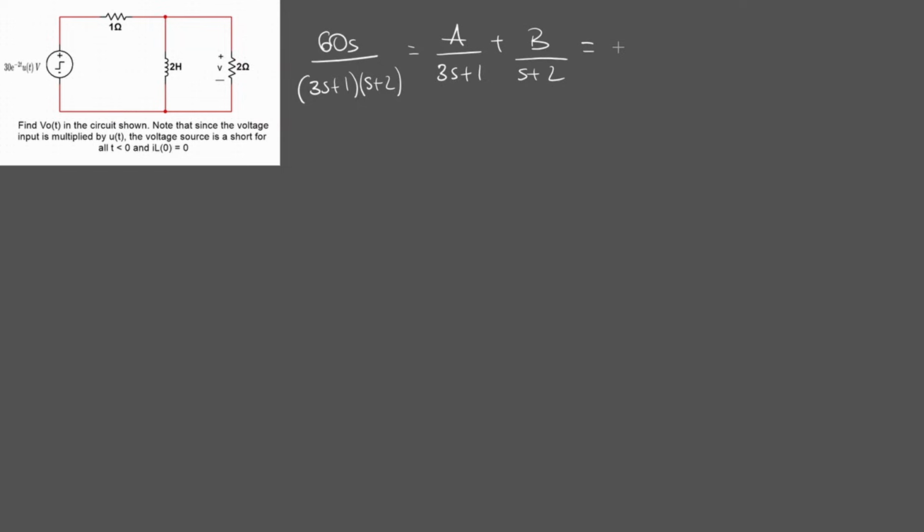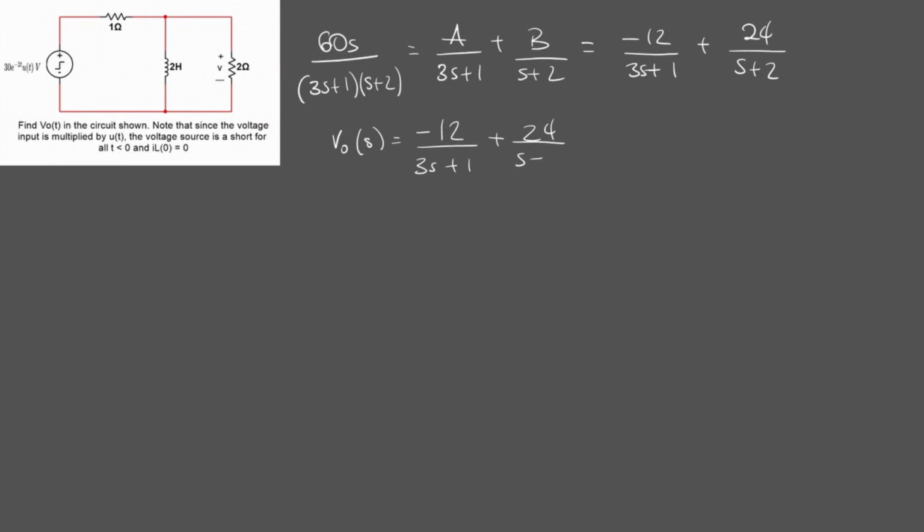So we found our coefficients: A was negative 12 and B was 24. So it's minus 12 over 3s plus 1 plus 24 over s plus 2. Aha, we can almost get on with the inverse Laplace now.